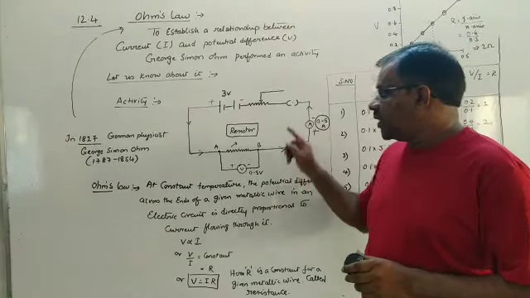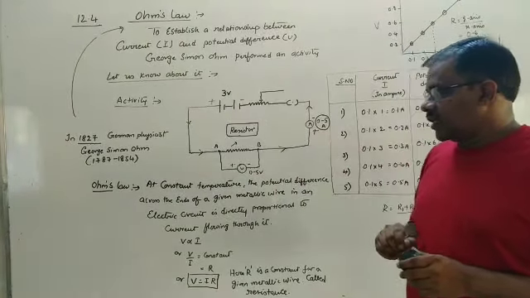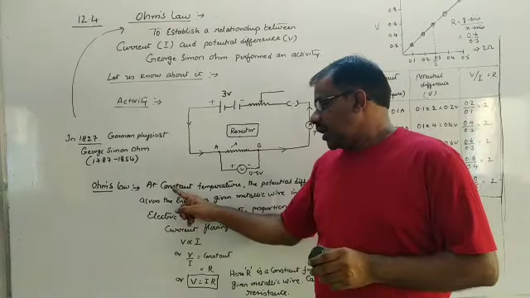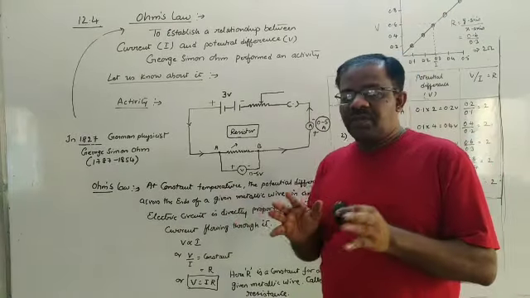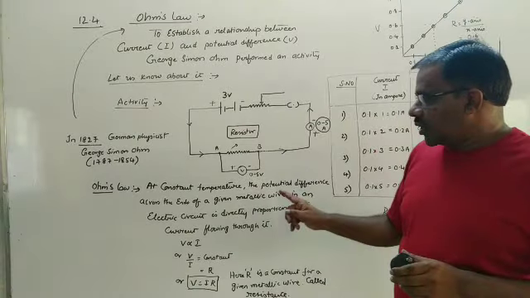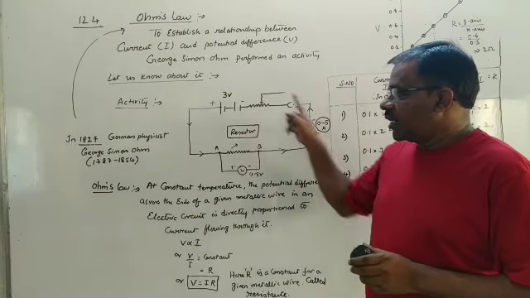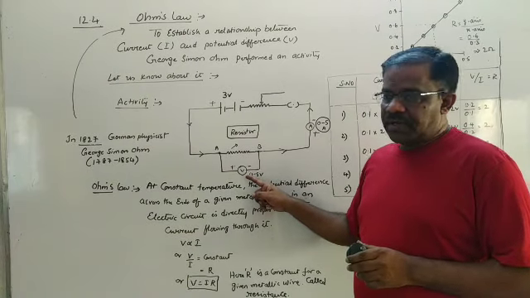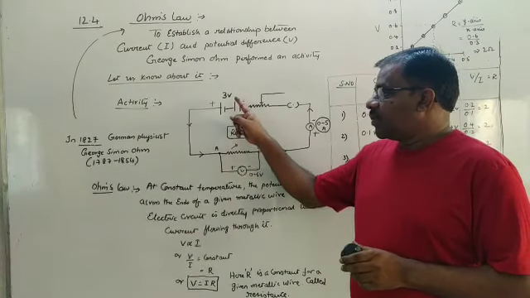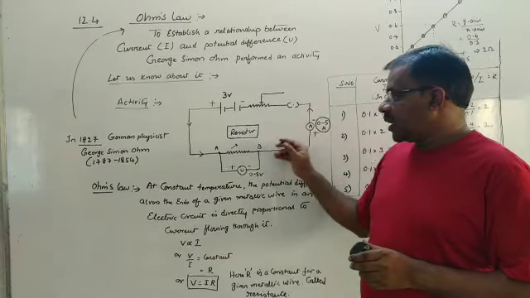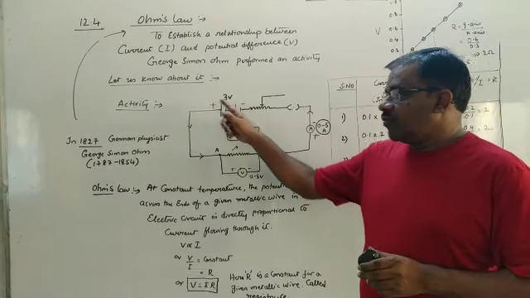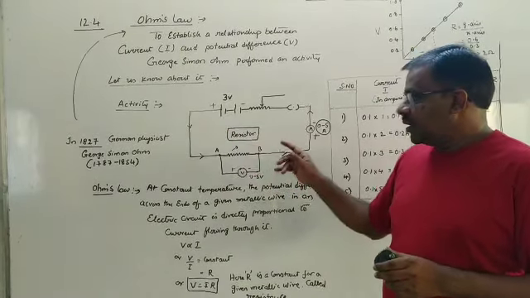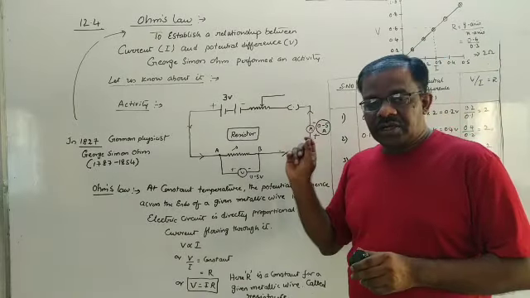If you decrease the voltage, the current will decrease. That's the reason why he said at a constant temperature. If the temperature remains constant, the current flowing through the circuit will be directly proportional to the voltage supplied. If the voltage supplied by the battery is increased, the current in the circuit will increase. If it is decreased, the current is going to decrease.